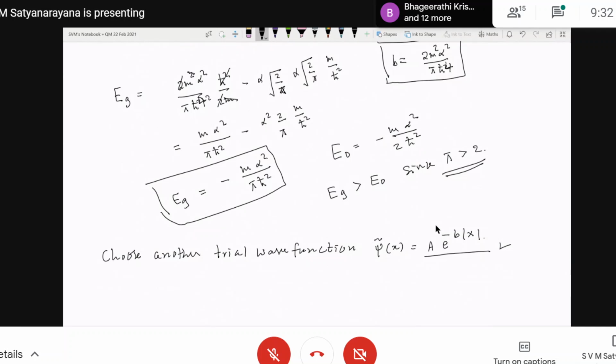Now, your trial wave function can have any number of parameters, and usually, if the number of parameters increases, you can search in multiple variables for the minimum of the function. So it is generally believed that with more parameters, you can get a better and better estimate of the ground state energy.